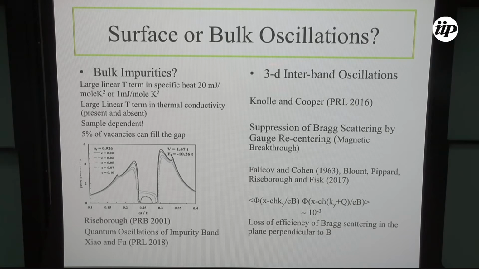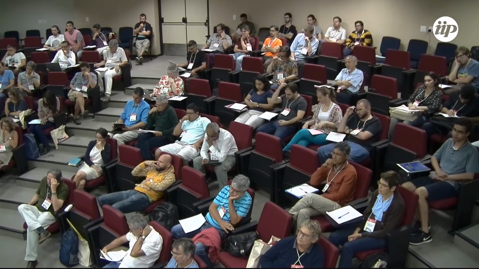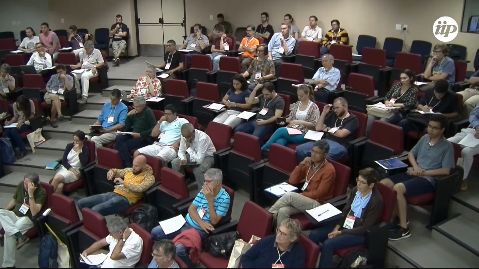It could also be 3D oscillations in a pure band. This was suggested by Knolle and Cooper within a model system. But you can reinterpret this in terms of Bragg scattering by gauge centering. If you think about the usual Landau quantization, you have harmonic oscillators and they're centered at a particular k value.